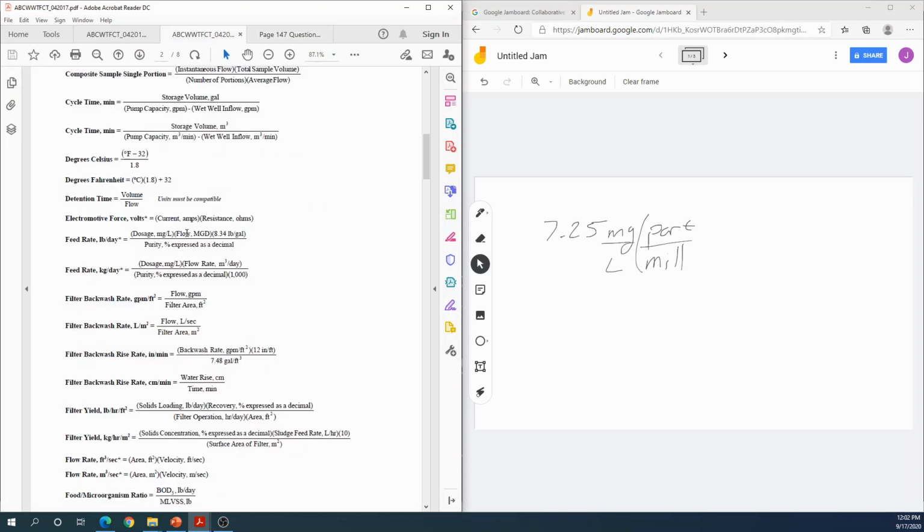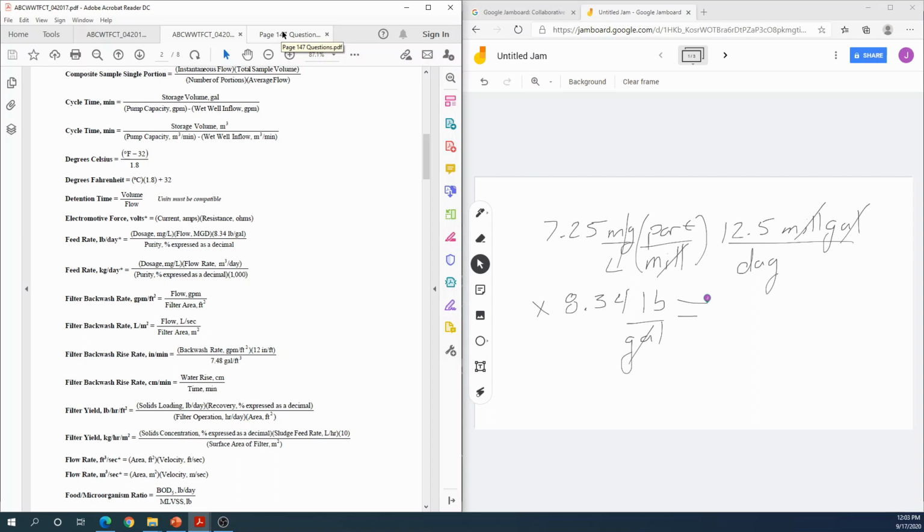Our flow rate is equal to 12.5 million gallons per day times our 8.34 pounds per gallon. So we have million cancels million, gallons cancel gallons. This is going to give us a feed rate of pounds per day. Now we're assuming that we have 100% purity, so we're not going to divide by anything here.